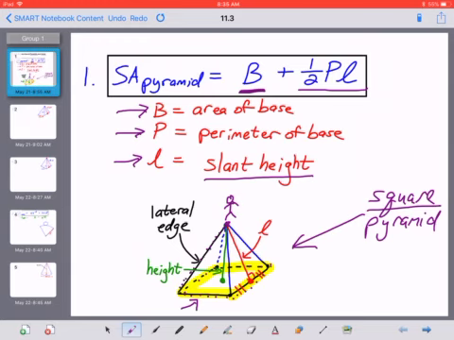That measurement right there in black is what's called a lateral edge. If you were to slide right down the middle of one of the triangular faces to end up right down here at the midpoint of one of the sides, that right there is what we call the slant height. It goes down the center of one of those triangles on the side. That's what we're going to be using today.